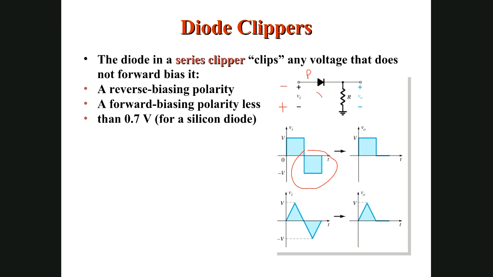Reverse bias is like a very big barrier which stops the flow of any current. The result is there will be nothing in the output. So this is how you get a signal like this, in which the negative part is not there, so we say it is a negative clipper. Is it okay? You understand this?